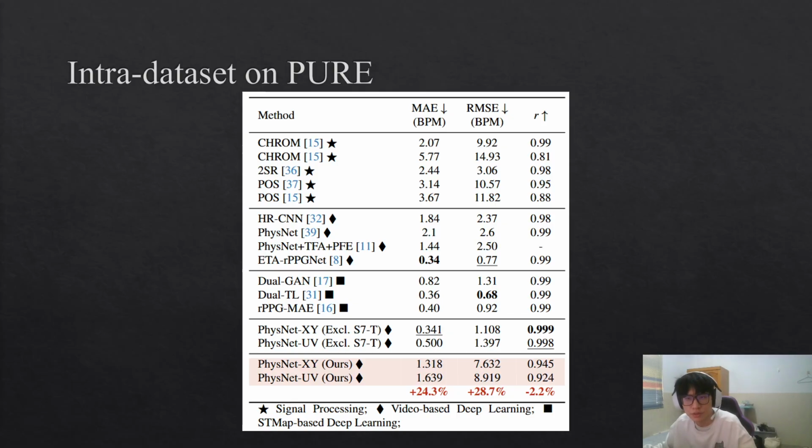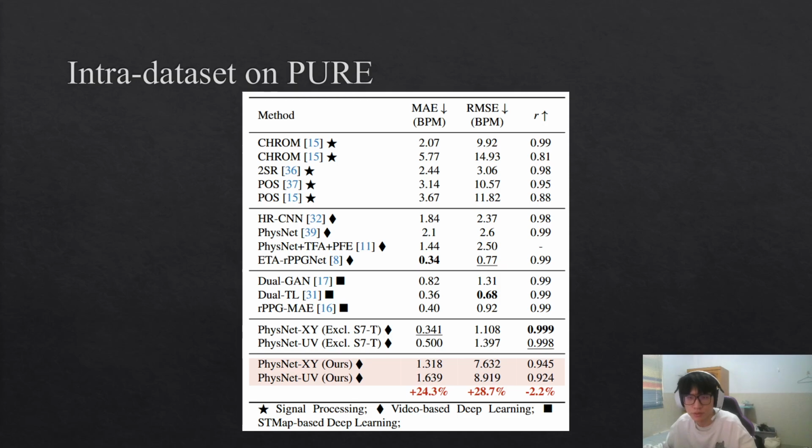The analysis shows that traditional signal processing methods like CHROM and POS achieve mean absolute error values ranging from 2.07 to 5.77 beats per minute.